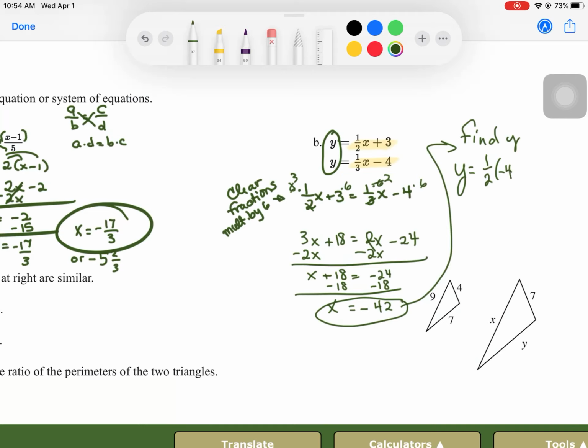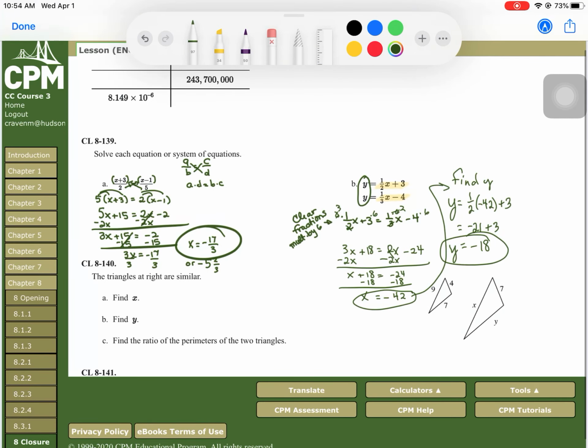So y equals 1/2 times negative 42 plus 3. So I get negative 21 plus 3, which is negative 18. So y equals negative 18, x equals negative 42.